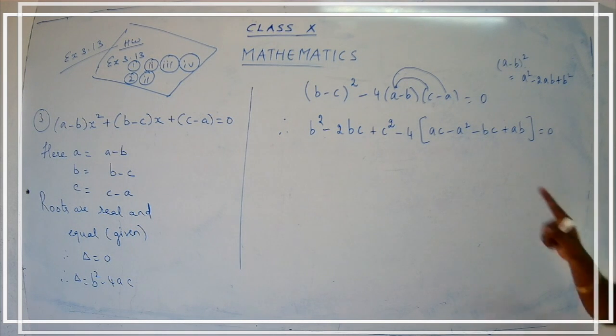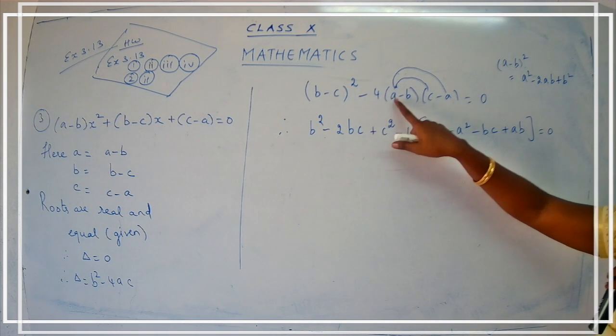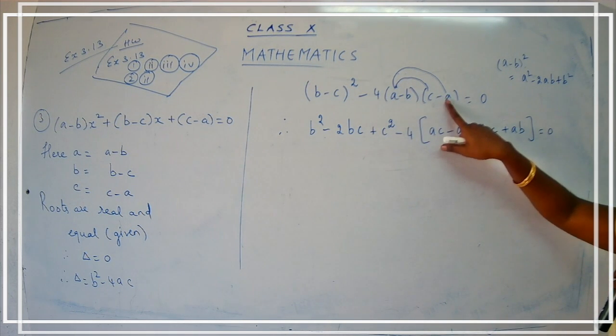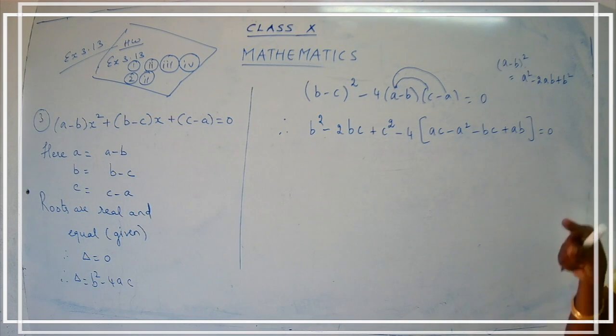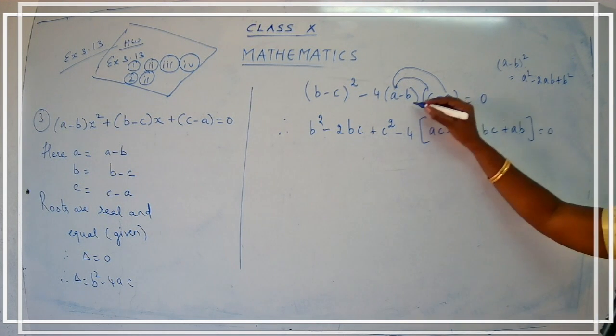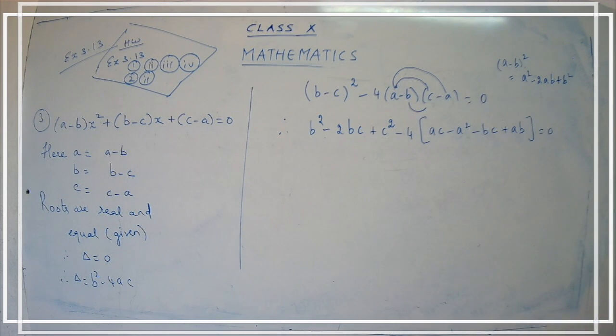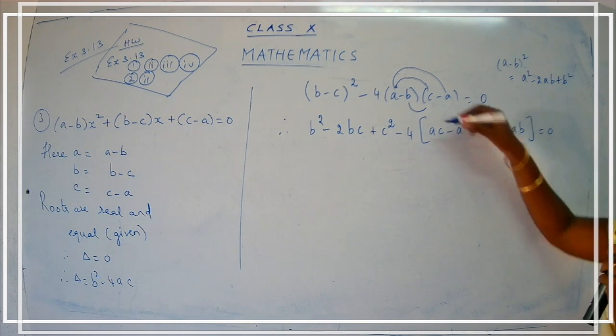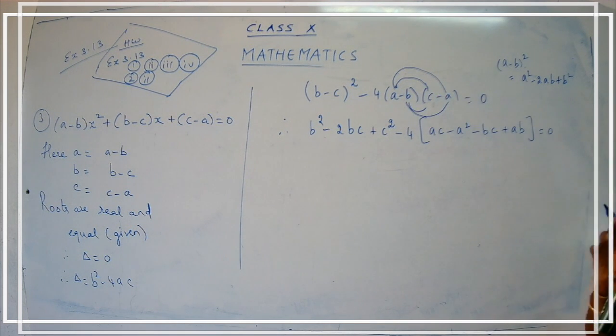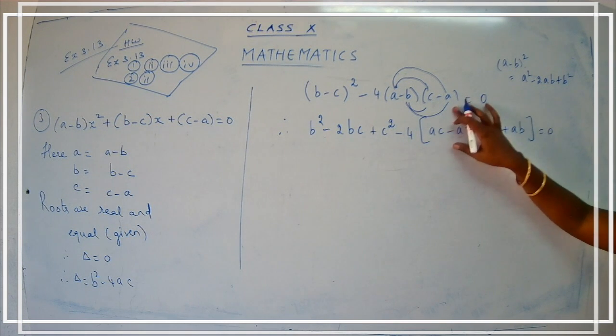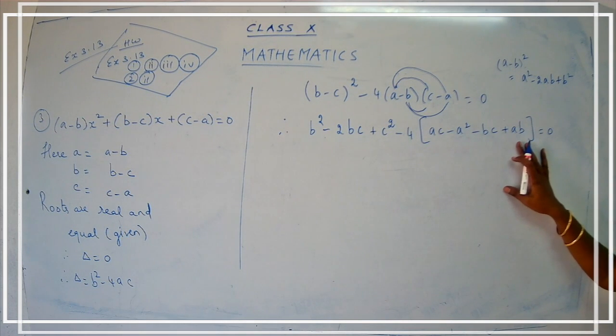I am not talking about minus 4, okay. So a into minus a is minus a square, minus b into c is minus bc, minus b into minus a is plus, b into a, you can write as ab or ba, one and the same.